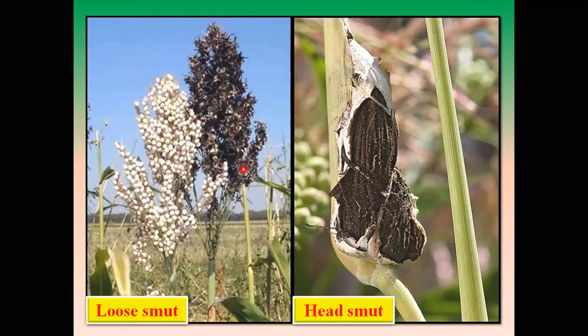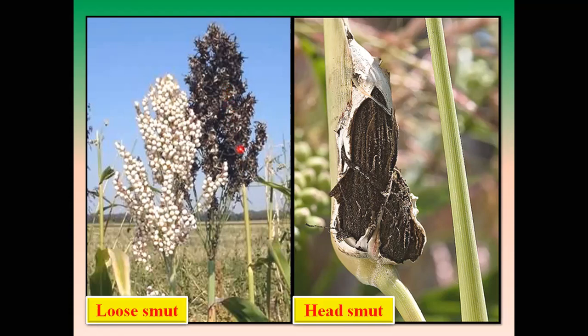This is the indication of loose smut symptoms. All the spikelets of an infected earhead, or sometimes only a few spikelets, are malformed and totally hypertrophied. The sorus is replaced by pistils, anthers and stamens.